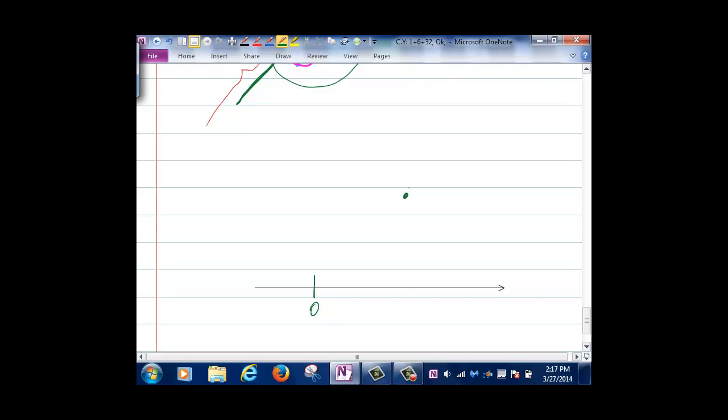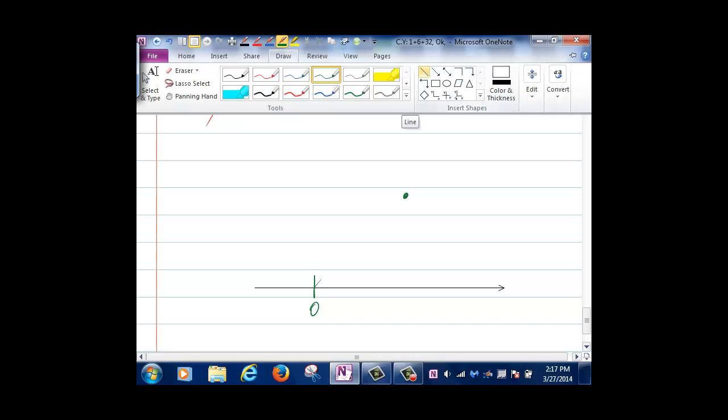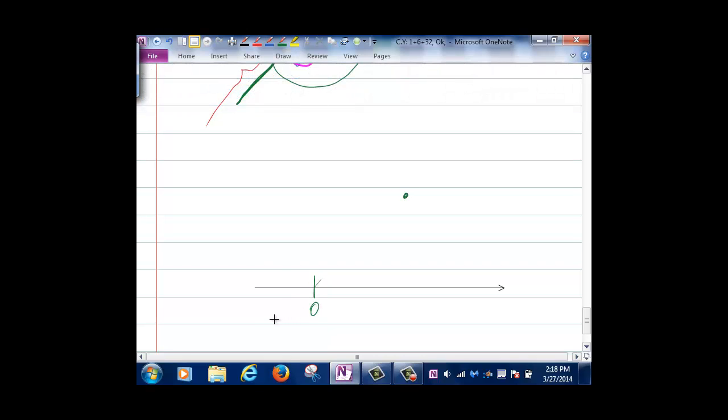One way I can rotate is, let's say, I rotate my polar axis until I get to this point. I'm just going to do it by hand. Okay, so let's say this is the polar axis.